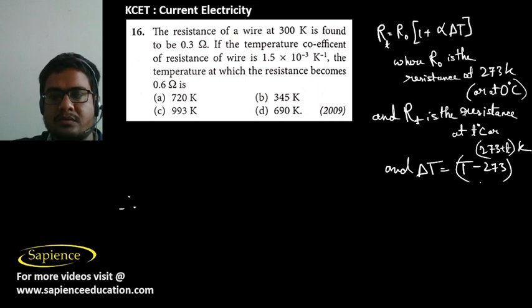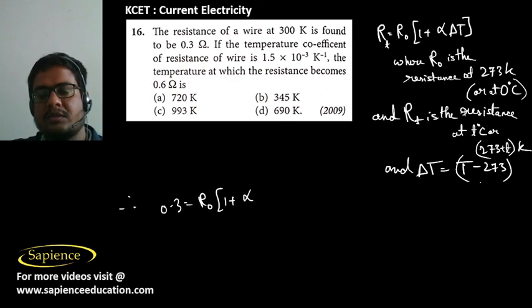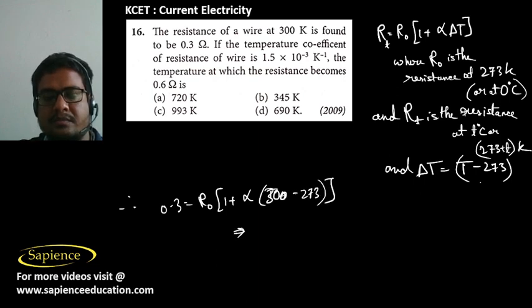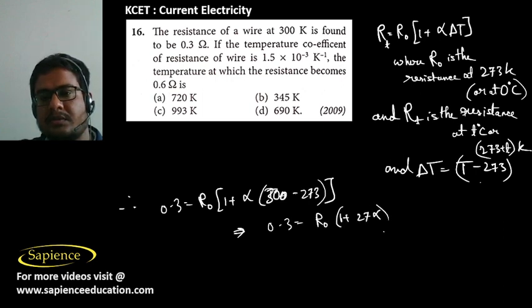Now therefore RT, here it is written 0.3, that is equal to R naught into 1 plus alpha delta T. So that will be 300 Kelvin, it is 0.3 ohm, 300 minus 273. So it means that 0.3 is equal to R naught into 1 plus 27 alpha.